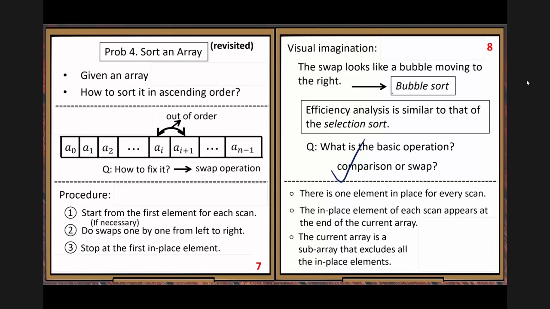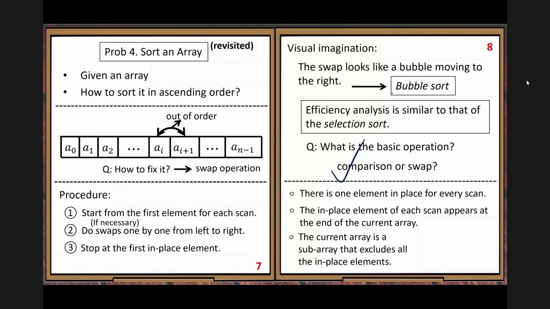You need to do comparisons all the way from beginning to end. You cannot save any comparison. The number of comparisons is the same as in selection sort. But swap, no, you do not need to do any swap. That's why swap does not contribute as much as the comparison operation.